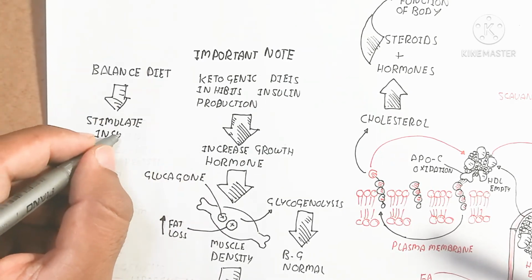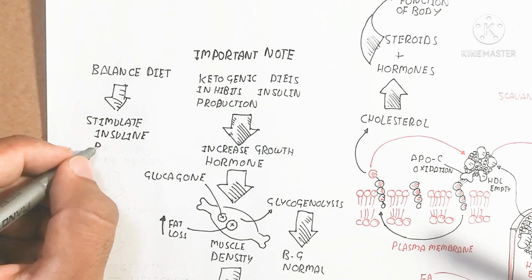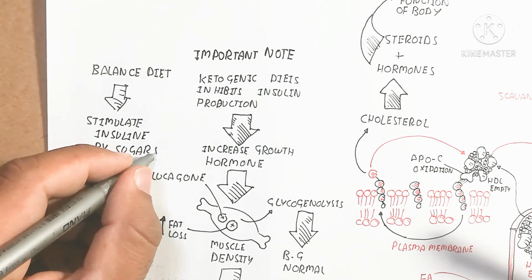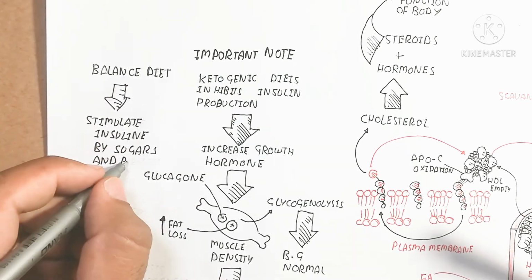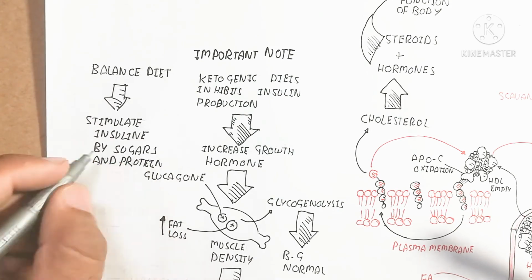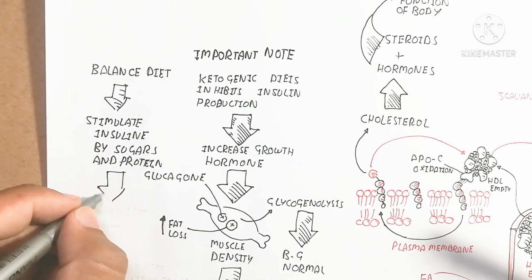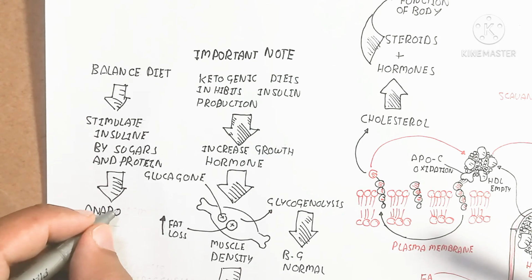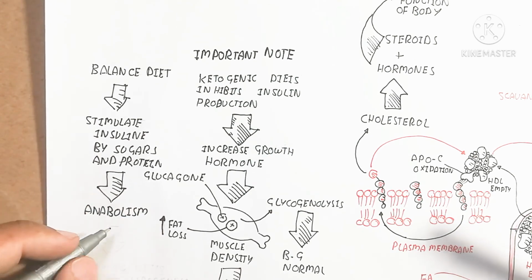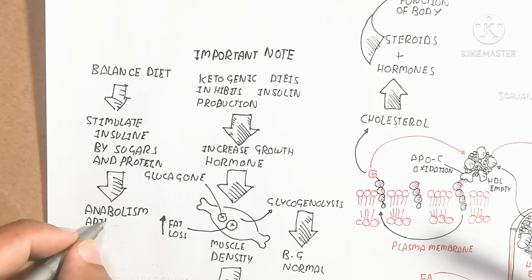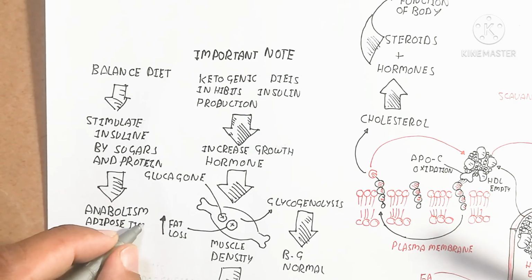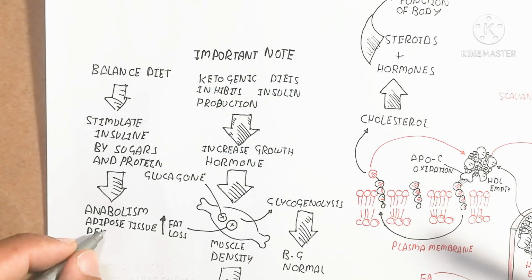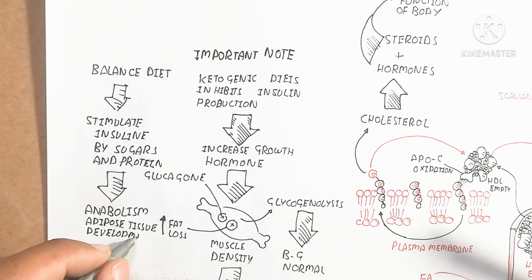On the other hand, here is the balanced diet, which stimulates insulin by sugar and protein. Protein and sugar stimulate insulin, which is known as anabolism formation, and anabolism basically increases adipose tissue development. So glycogenesis and lipogenesis will occur, and that is storage formation.